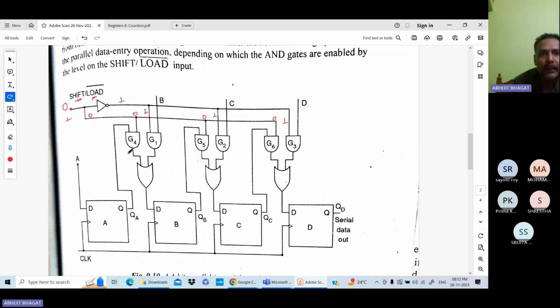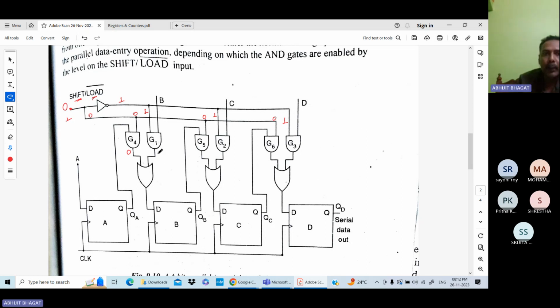So when it is 0, here the output is what? Output of G4 is? Anyone? If for the AND gate, one input is 0, output is 0. अगर AND गेट का एक इनपुट 0 हो गया, तब ये 0 रहेगा तो भी 0 होगा, 1 रहेगा तो भी 0 होगा. Multiply with 0, 0. And here for the G1, it is connected to 1.